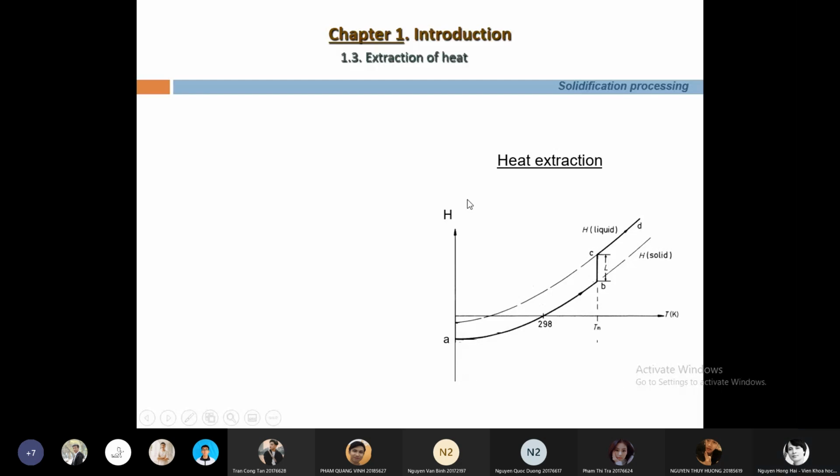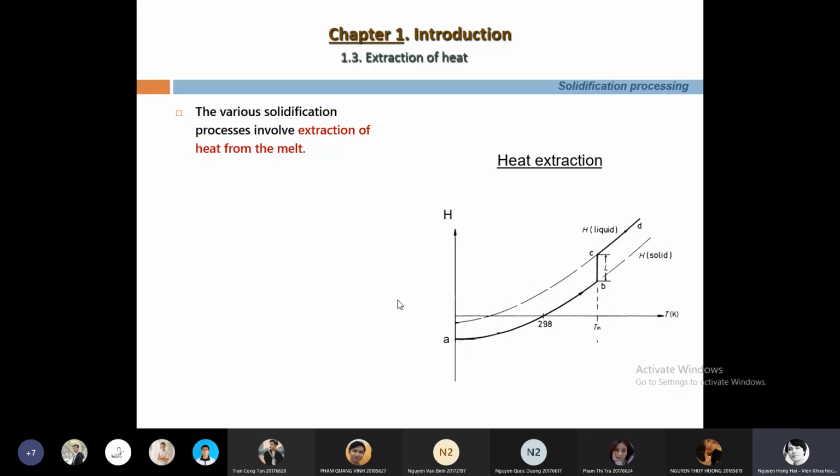This graphic shows the dependence of the energy, the enthalpy, the internal energy of the system on the temperature. The various solidification processes involve the extraction of heat from the melt.